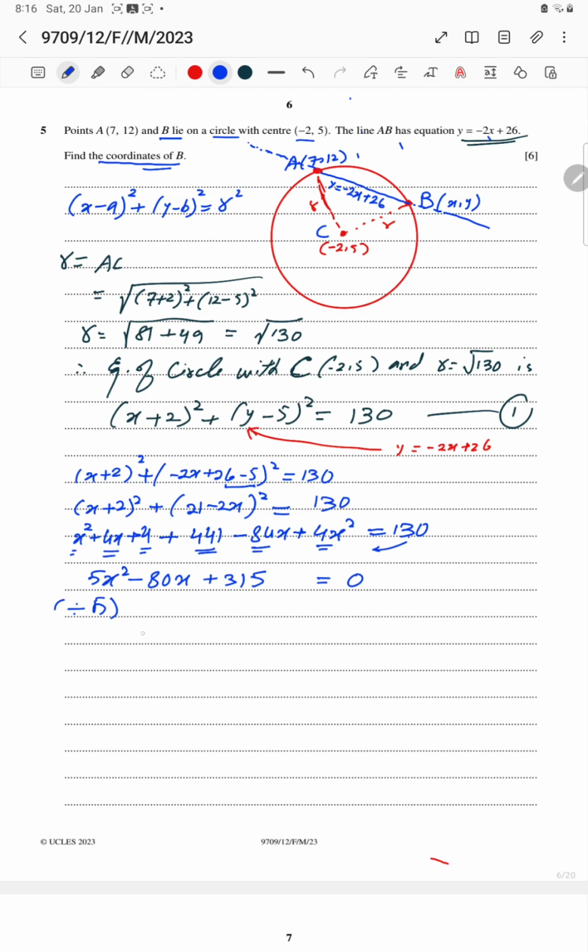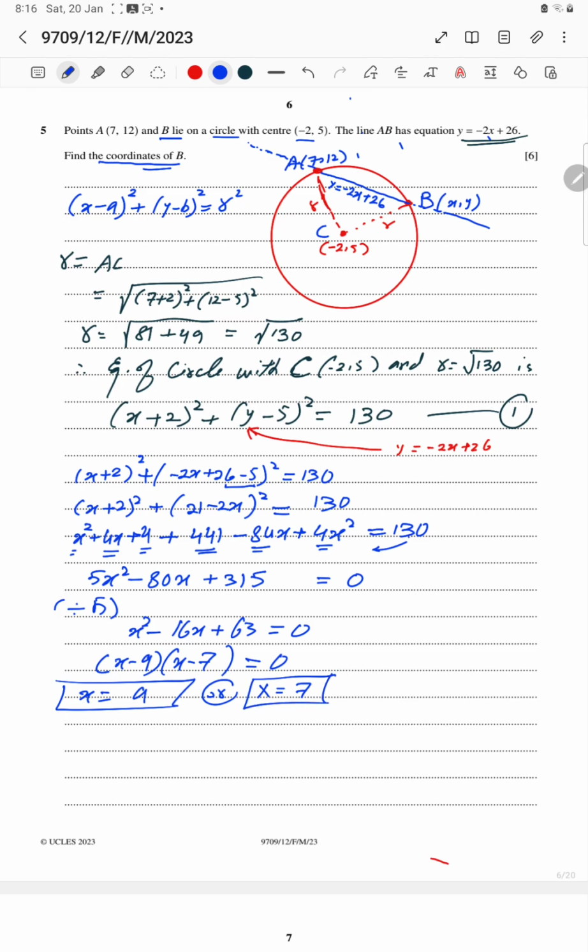If I divide the entire equation by 5, it becomes x² − 16x + 63 = 0. And I apply the middle term split: 7 9s are 63. So (x − 9)(x − 7) gives the two x coordinates, x = 9 or x = 7.